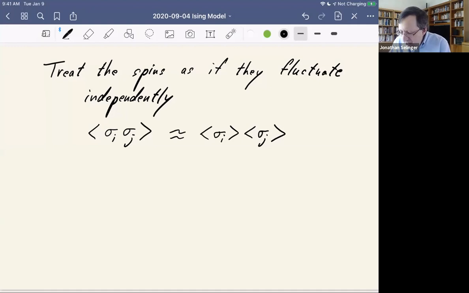Now, if you were ever taking a statistics course and you write something like that, your teacher would say, no, that's wrong. You can't do that. And your teacher would be correct. That is wrong. This is not a general principle. This is some approximation.